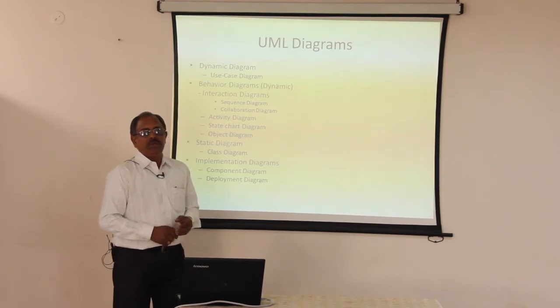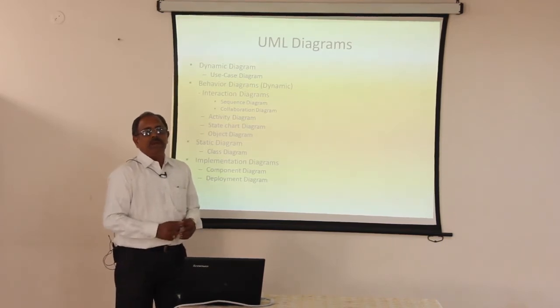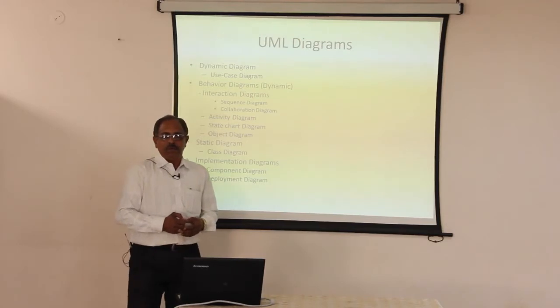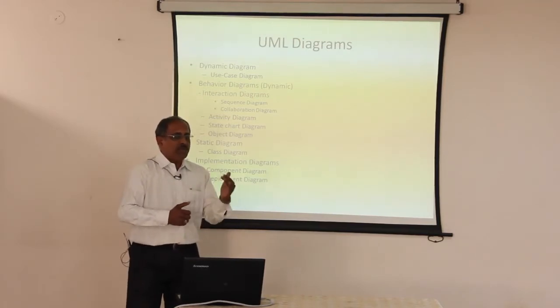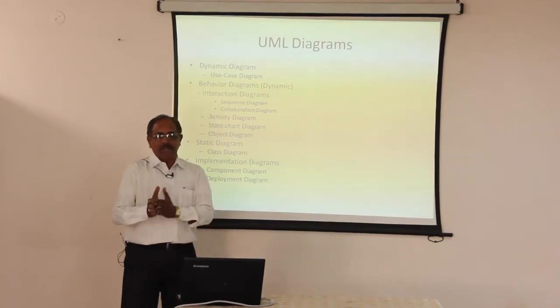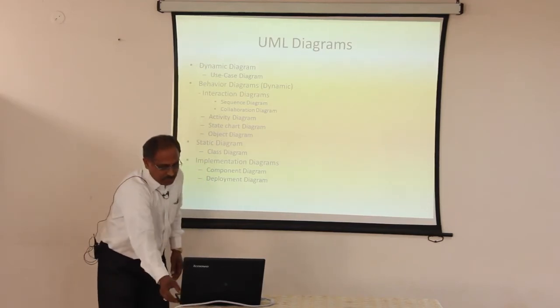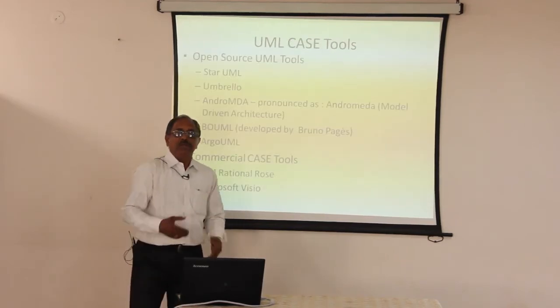The automated tool we are using is the UML. But there are many tools available which work from the requirement analysis till the implementation. So in this scenario, we have different tools.